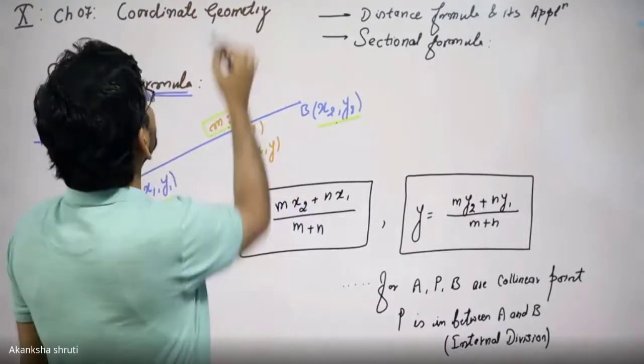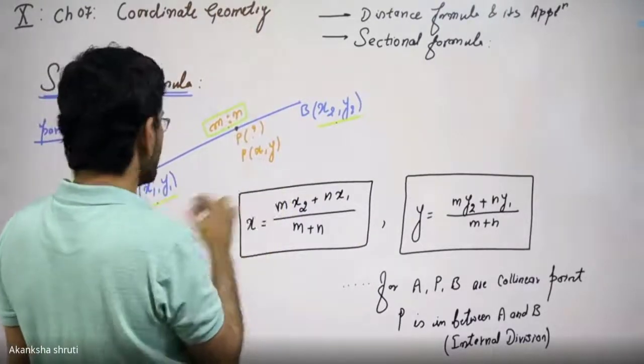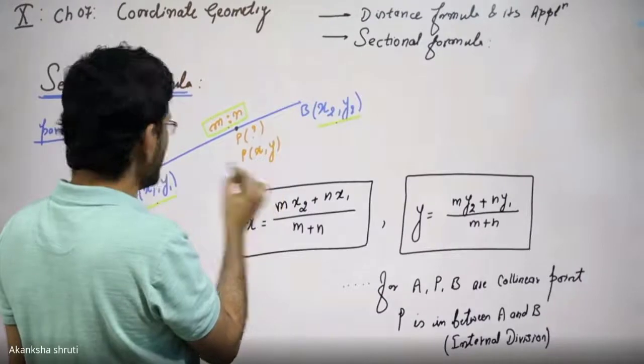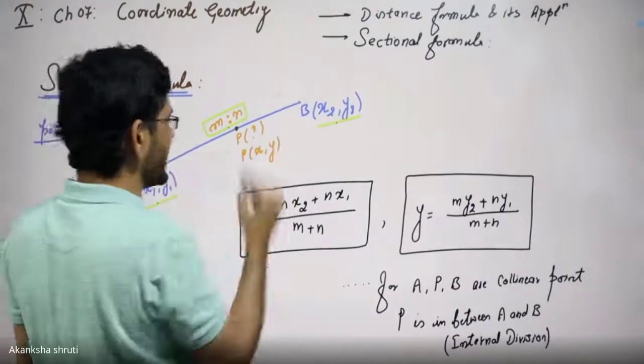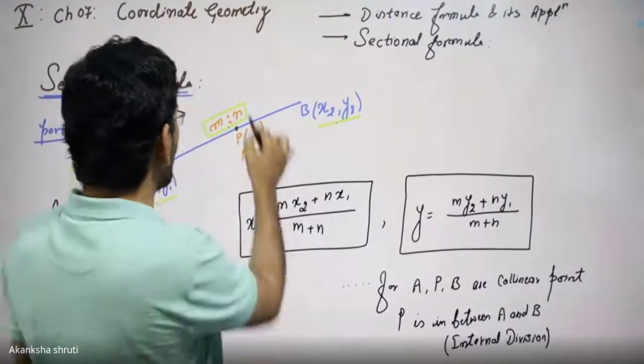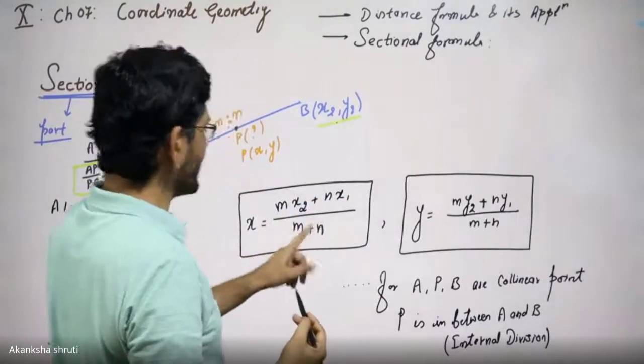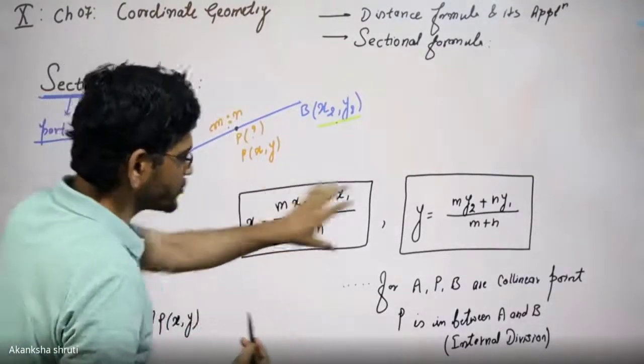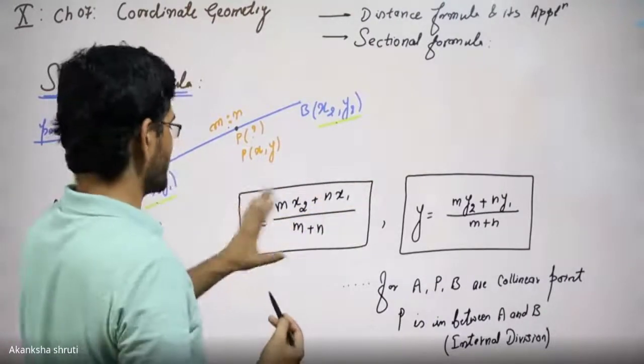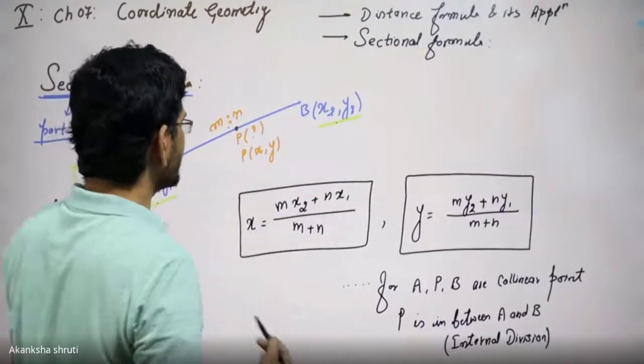Students, the x, which is the coordinate of the point P, which is in between A and B, is given by m x2 plus n x1 divided by m plus n. But no need to mug up. Very easy to remember. How is this coordinate written?